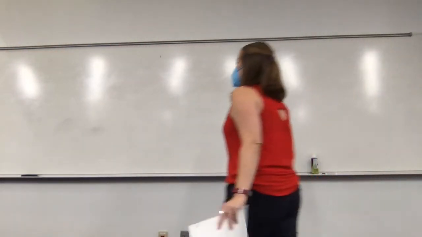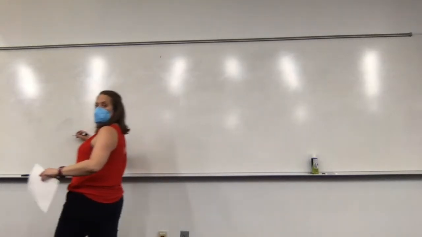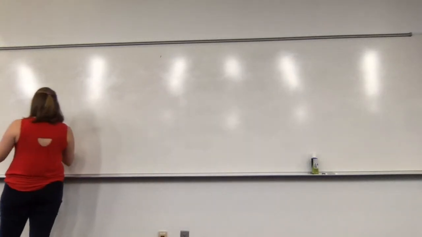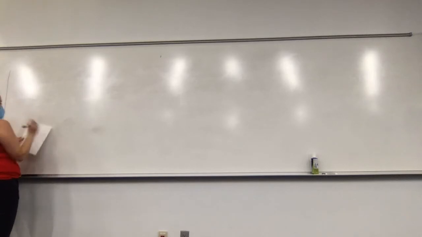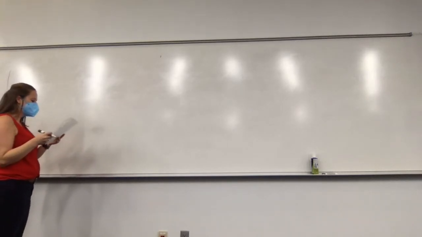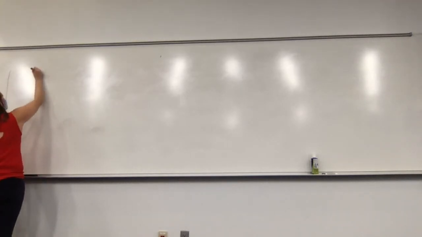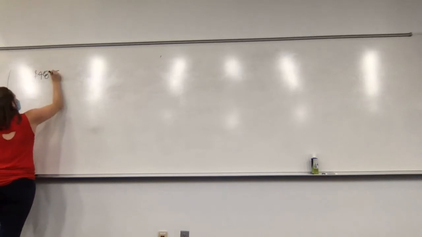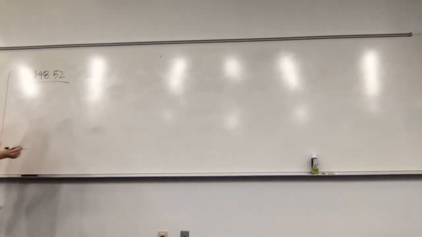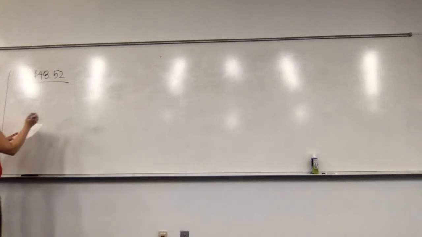So in this case, just make a mark. Now I don't have to do that 42 times. So in this case, we have our price of $48.52, and it's per international barrel.